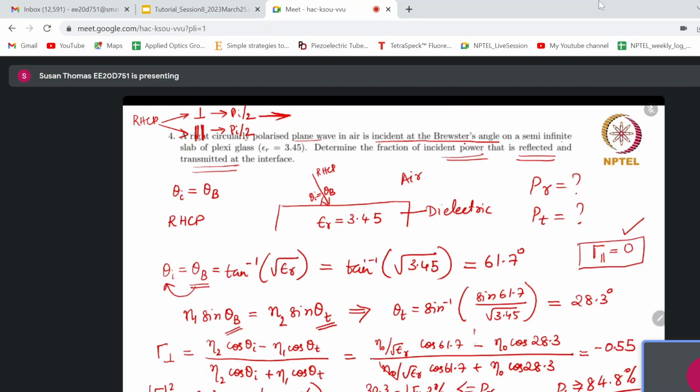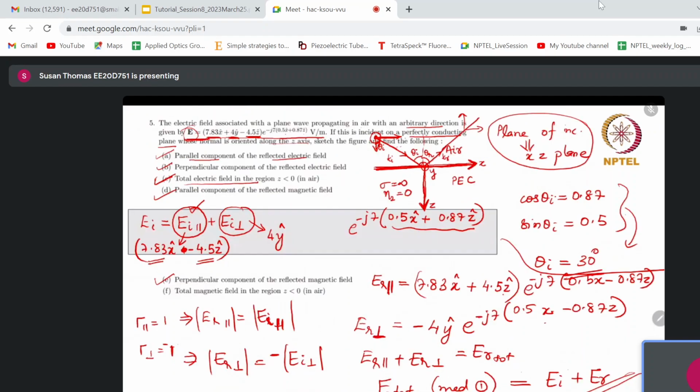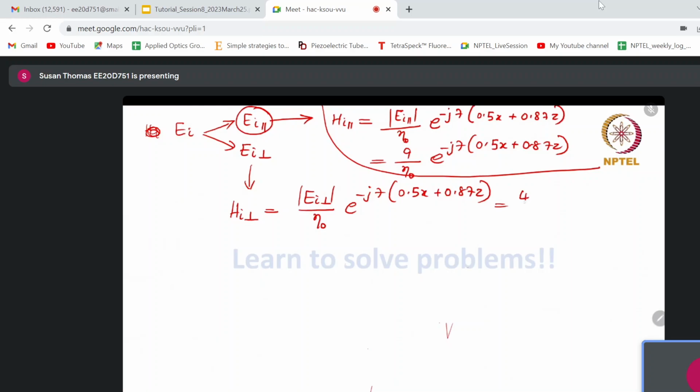So what is the EI perpendicular magnitude? 4. So we can write it as 4 by eta naught times e raised to minus j7 into 0.5x plus 0.87z. Now let us look at the reflected fields.